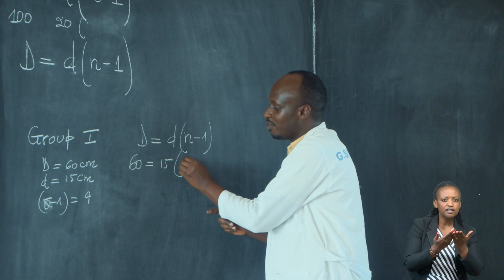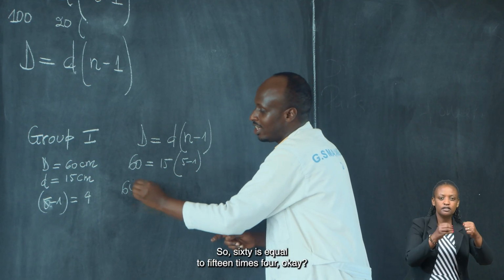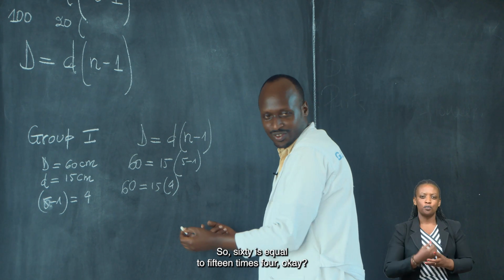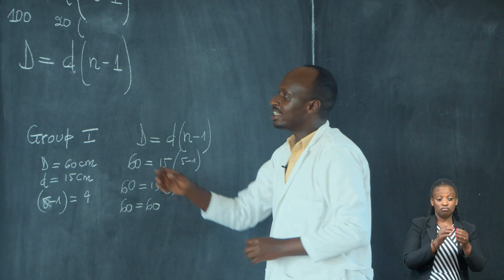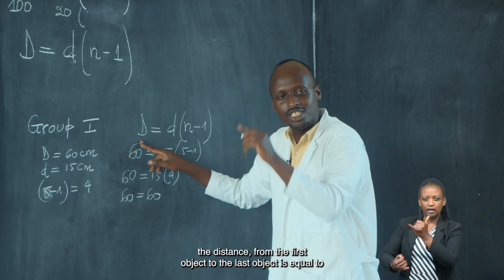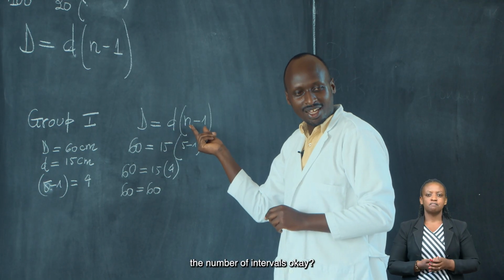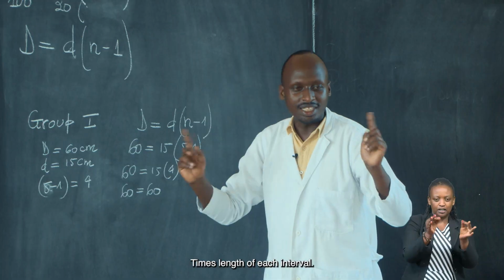So 60 is equal to 15 times 4. We have verified that the distance from the first object to the last object is equal to the number of intervals times the length of each interval.